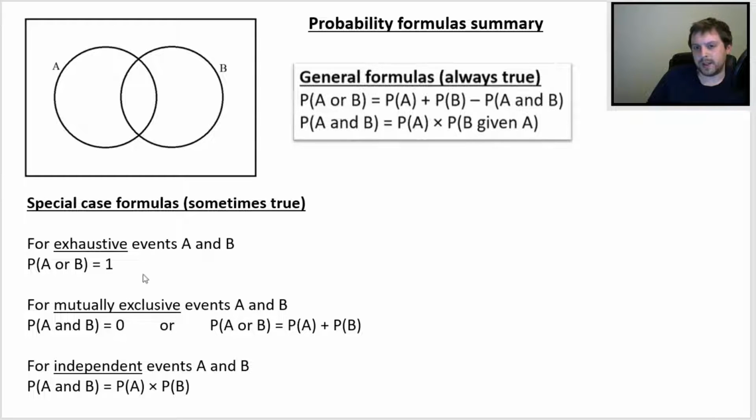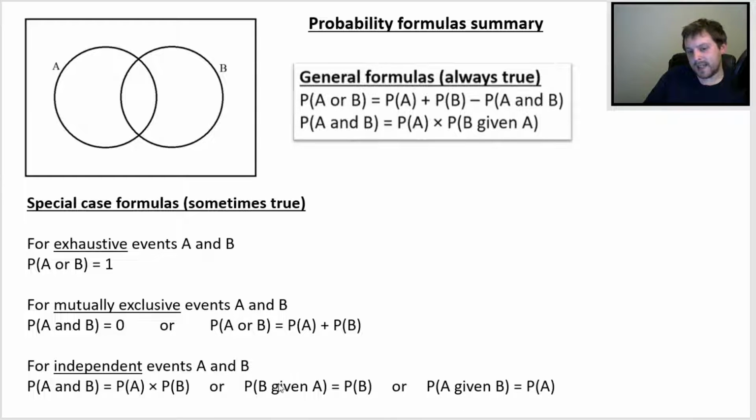It doesn't vanish to 0, but it simplifies to just be the probability of A times the probability of B. And that's because with B given A, B doesn't care that A has happened if we're independent, and therefore the probability of B given A is just the probability of B, which I put a little summary here.